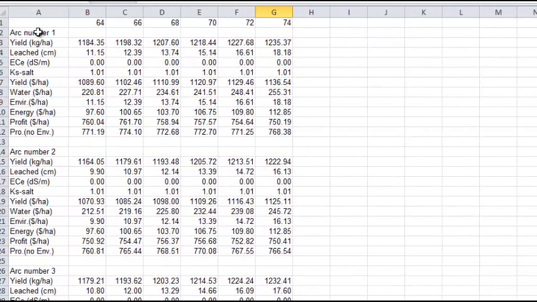So in the summary data, we have arc number 1. We have our different possible depths of water we could apply. Arc number 2 for the same depths. And these are just different costs and yield and so on.